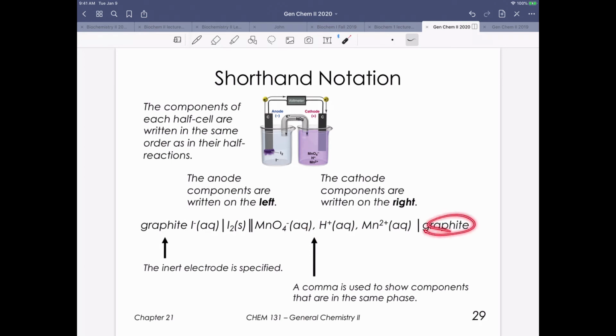And again, we've got a graphite electrode here. So a formalism that they do tend to use is they show electrode first, redox active components, a break between your different half-cell components, and then again redox active components and electrodes. So the shorthand notation is often bracketed by electrodes on the far ends, but I'm not going to be picky about that.